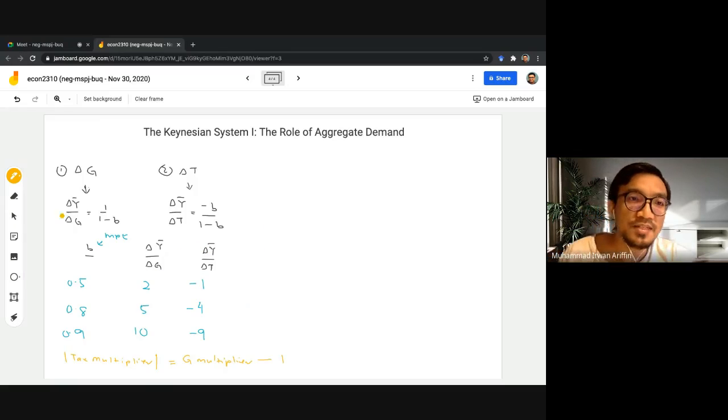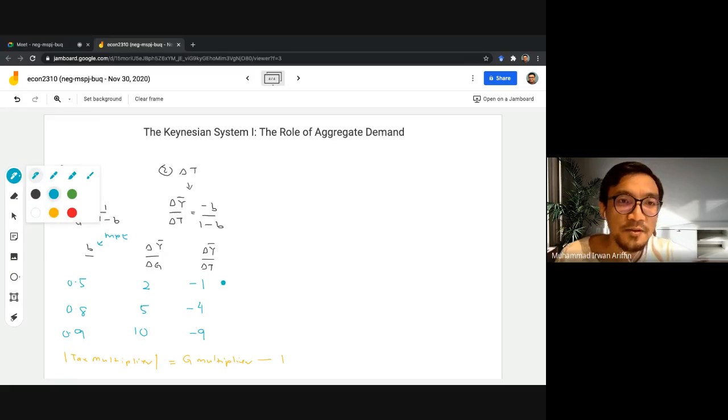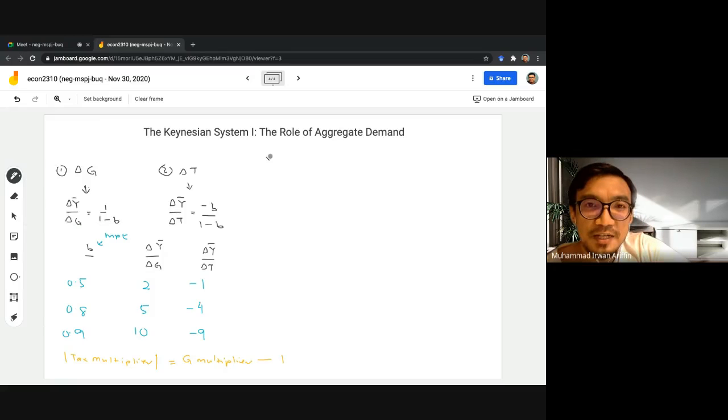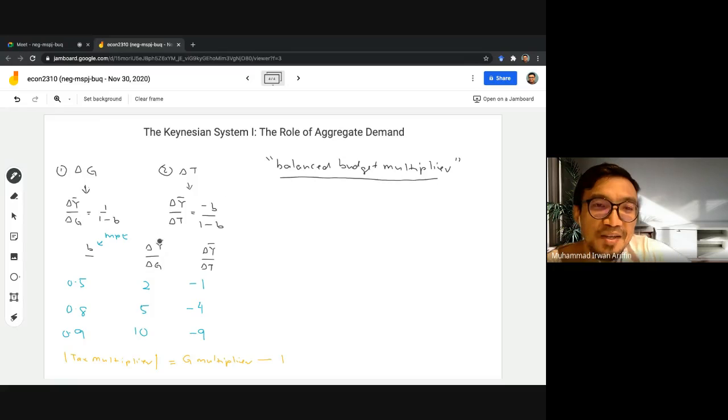Based on this simple pattern comparison, we can conclude that the government may conduct a balanced budget multiplier. Let's see what happens when the government does both of these at the same time.